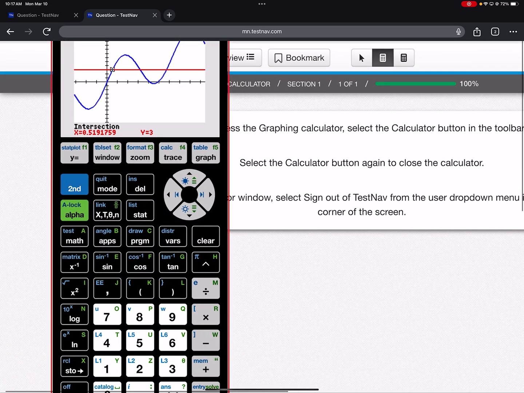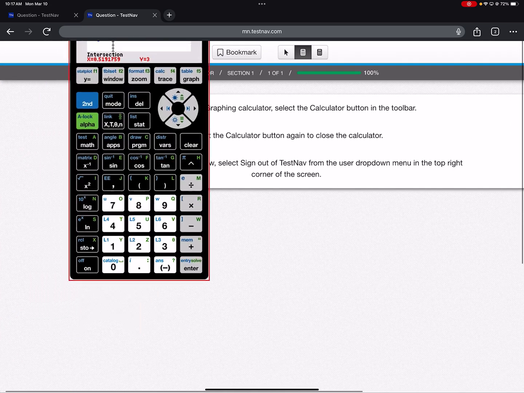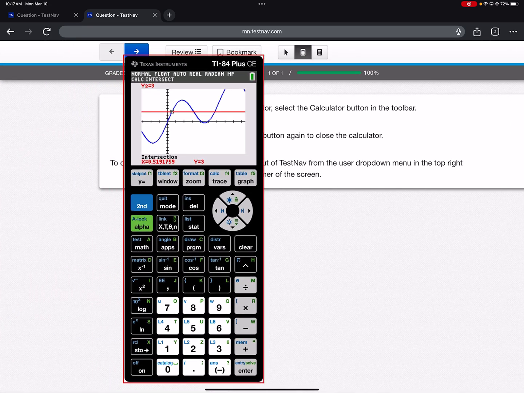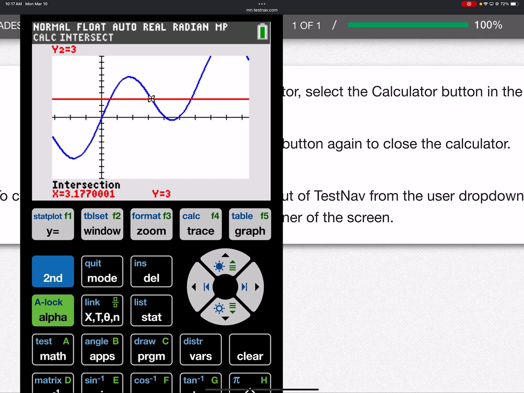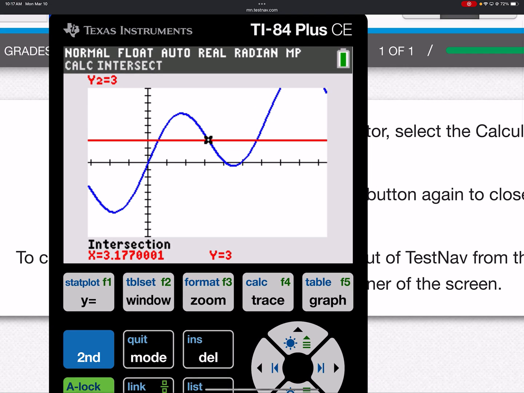Can you do the same thing to figure out the other one? Go to second, trace, intersect, and then move your cursor close by that second intersection and hit enter, enter, enter. Did you get this? Yeah? Okay, 3.177.